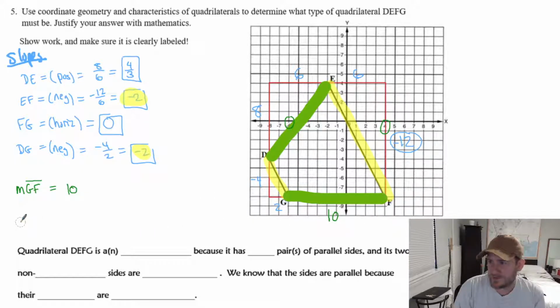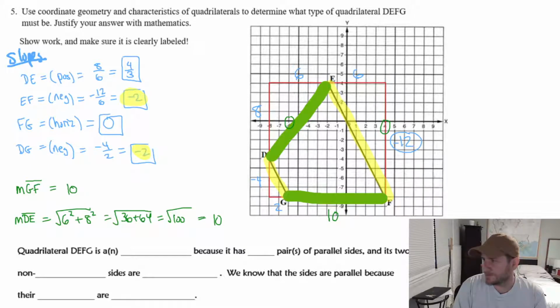Now to find the measure of DE, here I better show some work. Because I'm using my right triangle. I'm going to use the 6 and the 8. We're going to go 6 squared plus 8 squared. So 36 plus 64, square root of 100, that's 10.